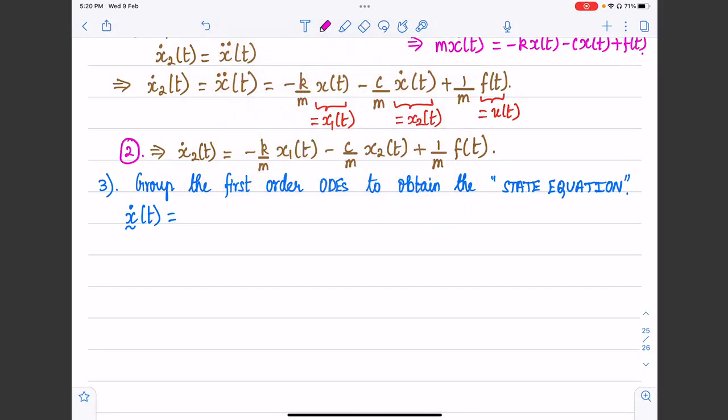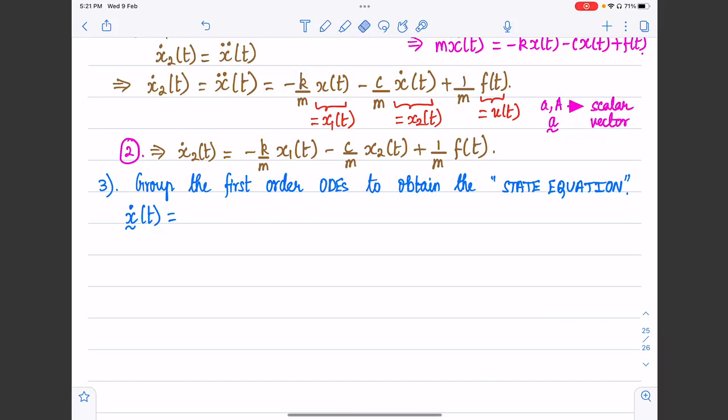Typically the notation that I will follow here is that if I have a lowercase character with a tilde underneath it, I am essentially representing a vector quantity. If there is no tilde underneath it, so suppose I use small a or capital A, I am representing a scalar variable, a scalar quantity.